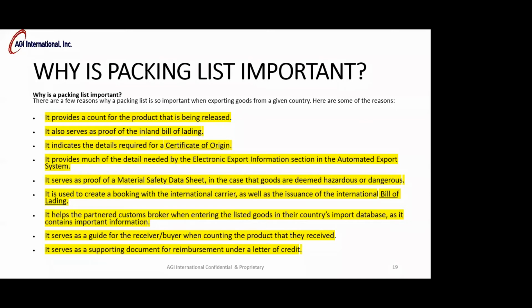And it serves as a supporting document for reimbursing under the letters of credit. And you understand that in certain countries, you cannot ship out of the country unless you have a letter of credit. It says the bank, you must have a relationship with the bank in that country, and they say you have enough money to cover the cost of this product being shipped.